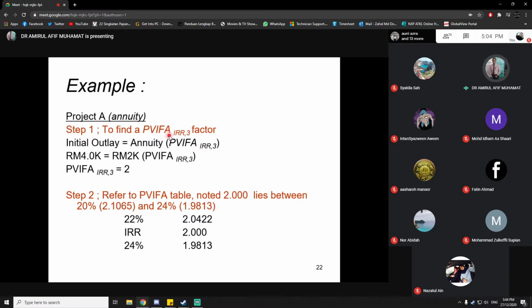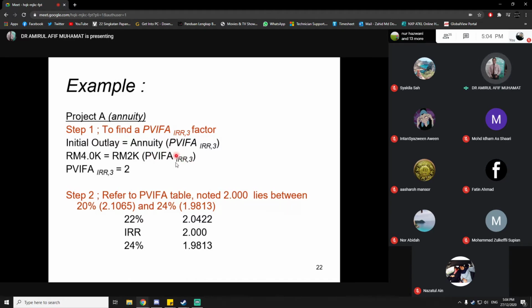Let's say for this particular example, the initial outlay, you remember just now, is 4,000. Project A is annuity, so initial outlay is 4,000, and income for every year is 2,000. PVIFA, present value interest factor annuity, internal rate of return.